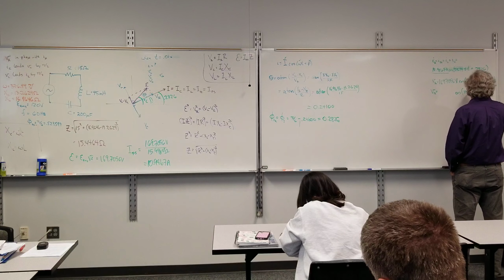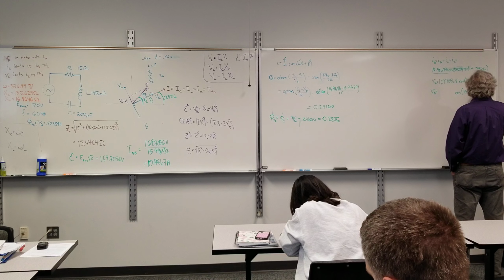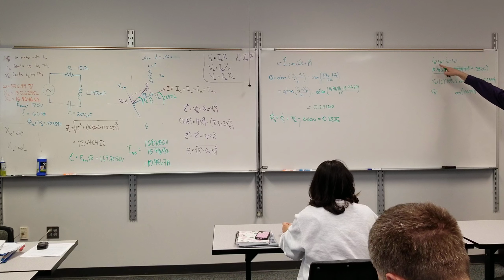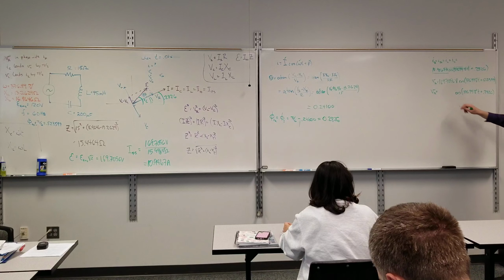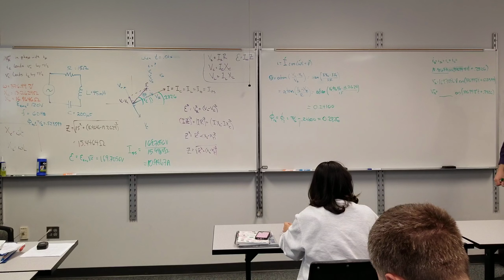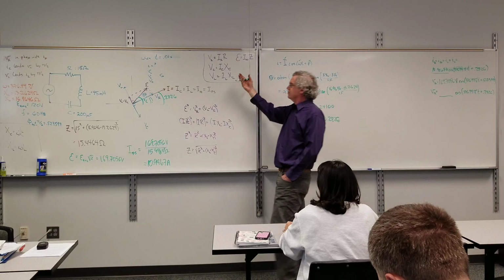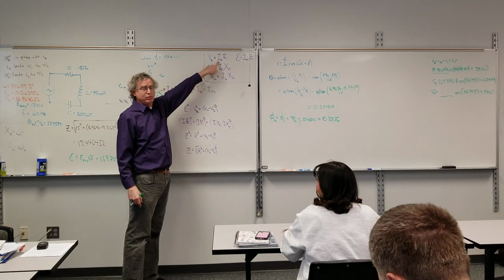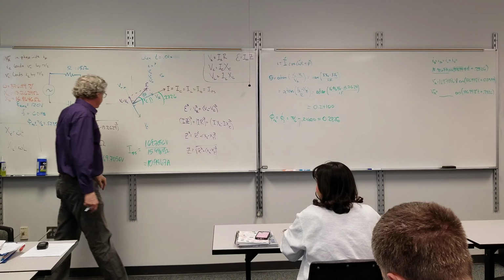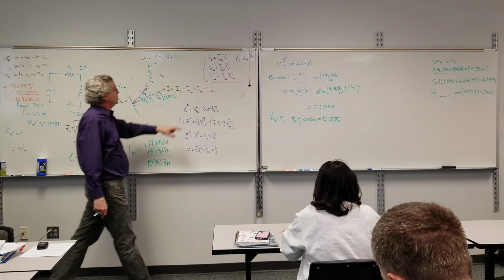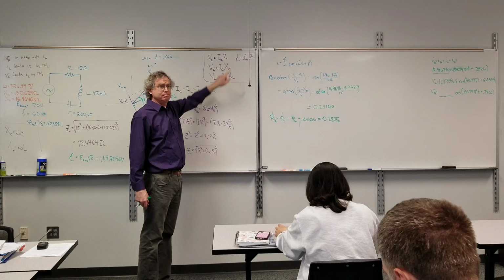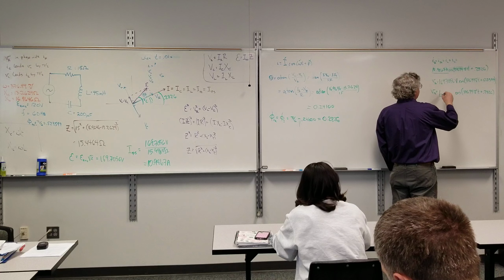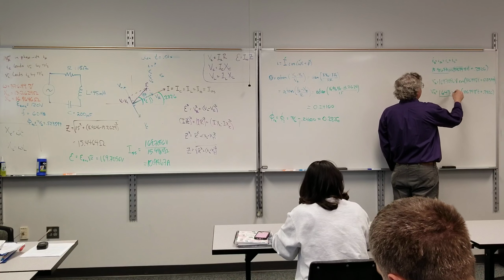Cosine of 376.99 radians per second t plus 0.2826. So I know VR and IR are in phase. They have to have the same phase shift. How do we find the amplitude here? Well, we have a set of equations. This is the amplitude for the voltage of the resistance. It's going to be equal to the current, big I, which is 10.9867, times the resistance, which is 15. And we get 164.8011.